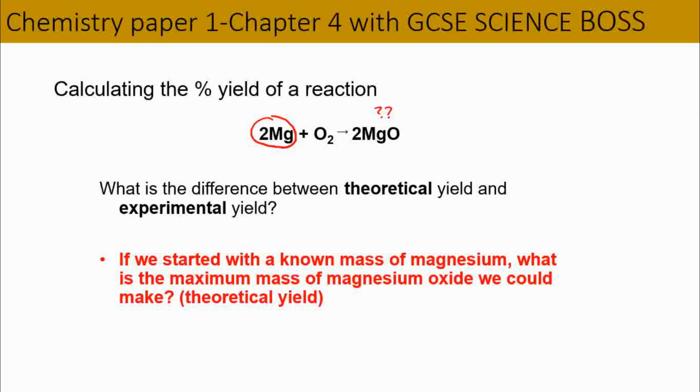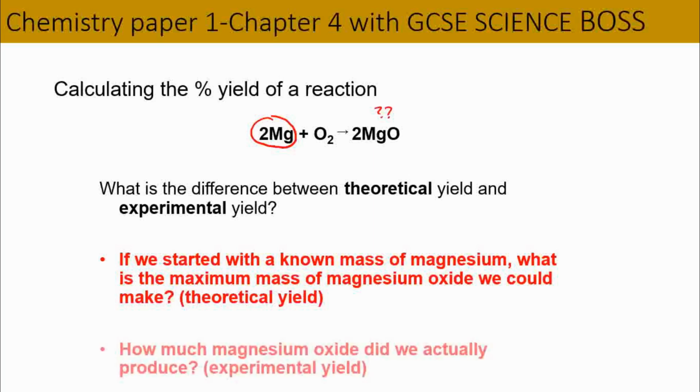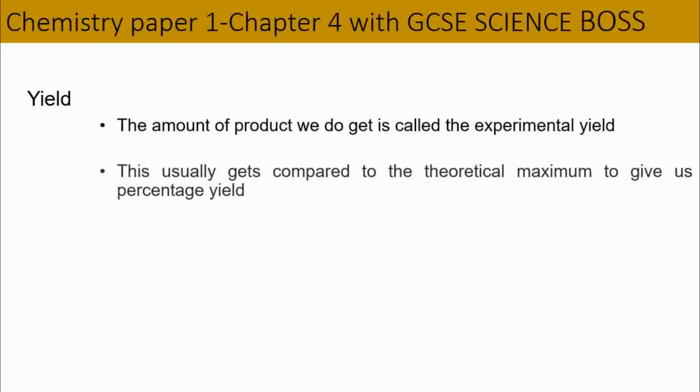However, in the lab, if I actually did this reaction, the magnesium oxide that I get may not be equal to, and more often than not, is not equal to our theoretical yield when you actually carry out the experiment. And this is known as your experimental yield. Okay, so the yield is the amount of product we get, and that's called the experimental yield.